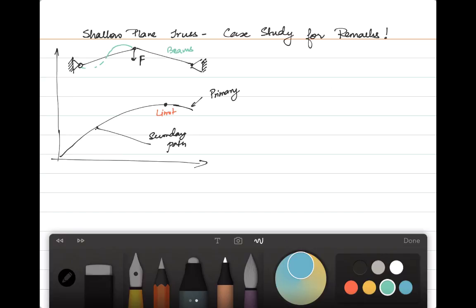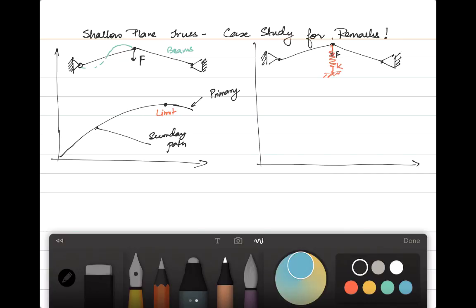Now, there is a second condition, of course, for the same beam arrangement. We can also say that instead of it being just loose where the force is applied, you could have a certain spring of a certain stiffness K, which is attached at the point of the hinge. Now, if there is a certain stiffness attached to it, then the behavior of the load displacement curve is going to change.